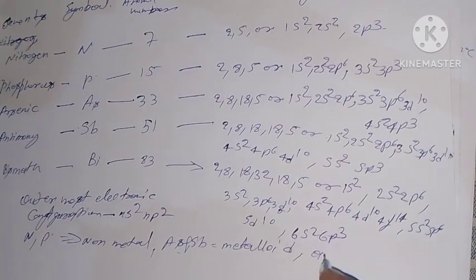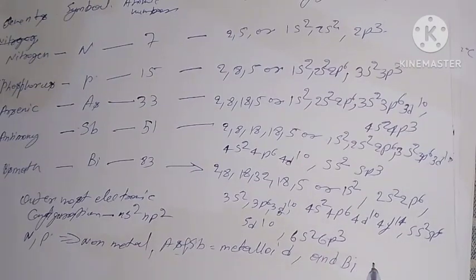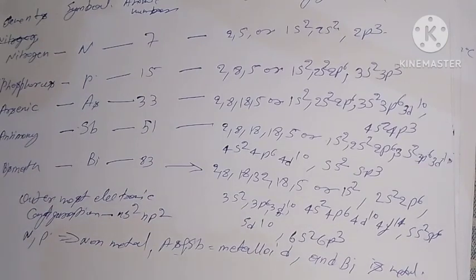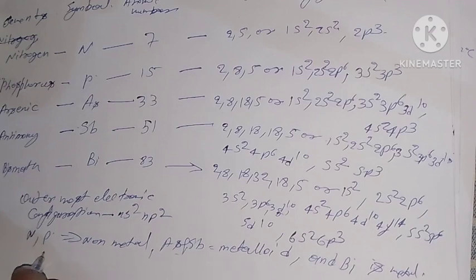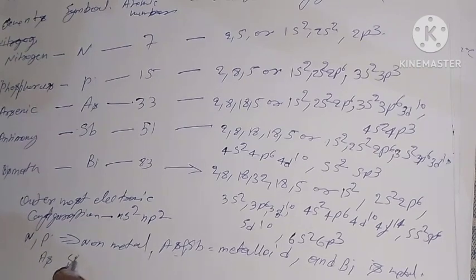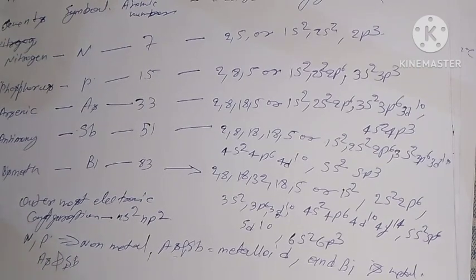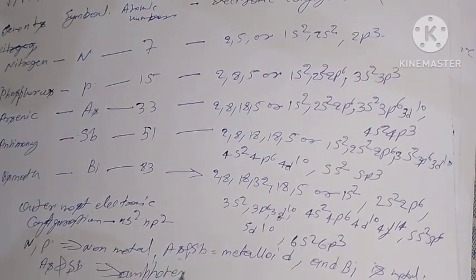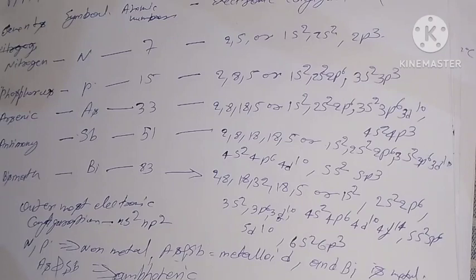Bismuth is a metal. Arsenic and antimony are amphoteric in nature.